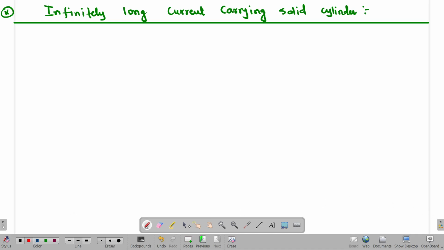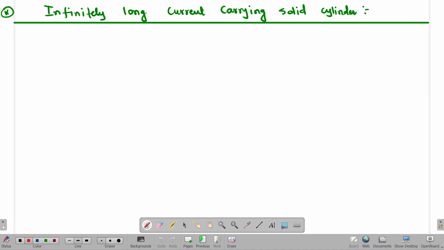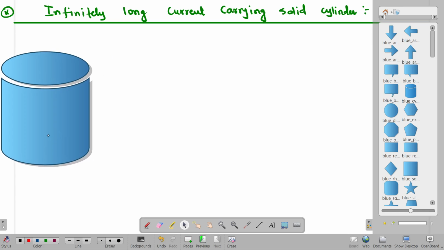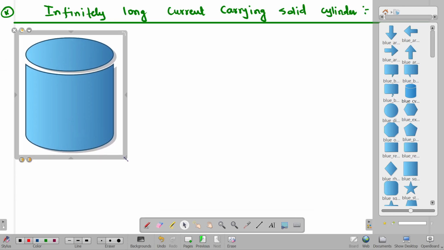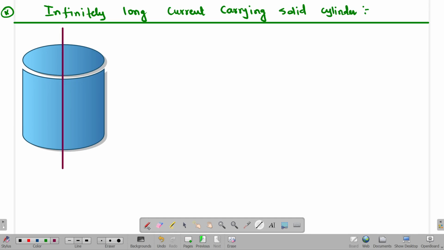Now this time I have which kind of cylinder? A solid cylinder. Got it? Now consider that a current is passing through all of this. The current will pass from here, from here, from here, everywhere.